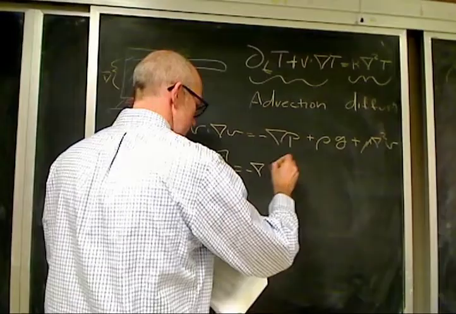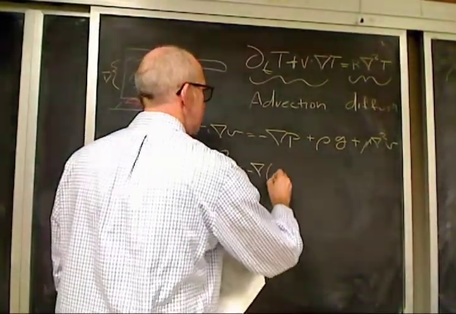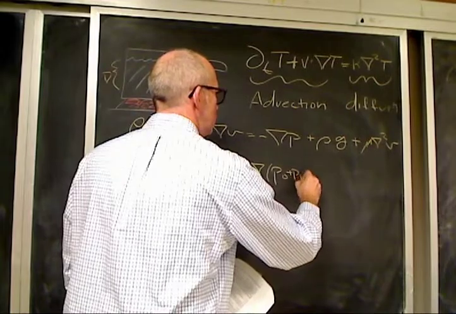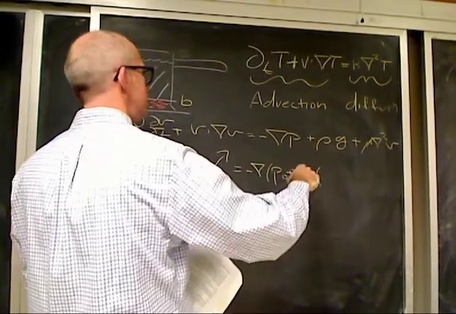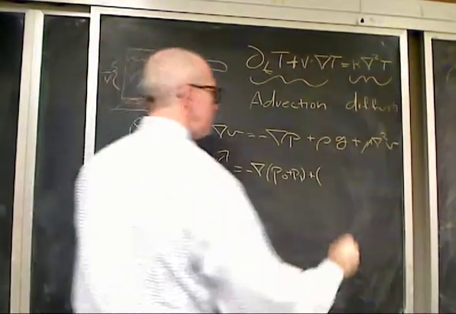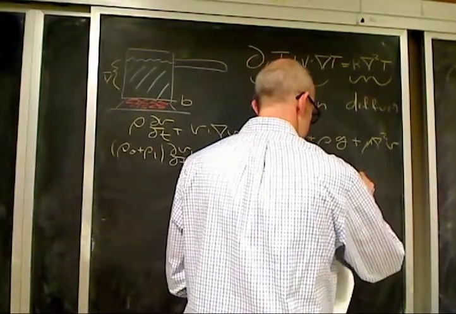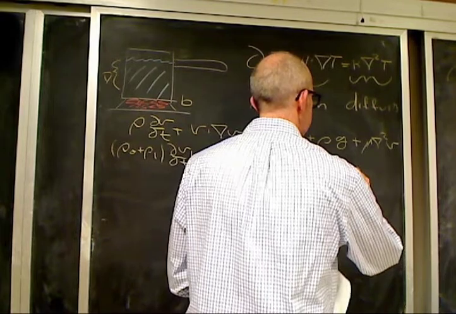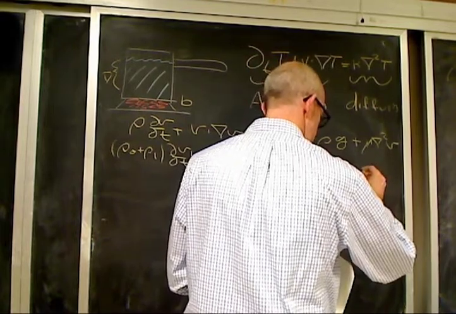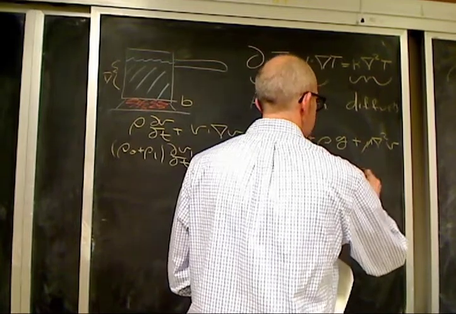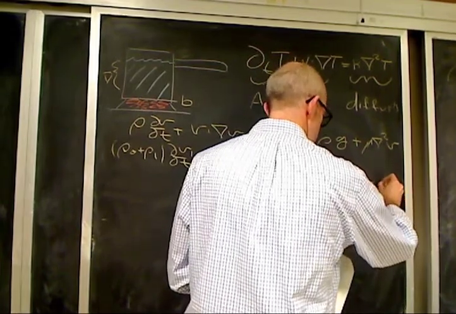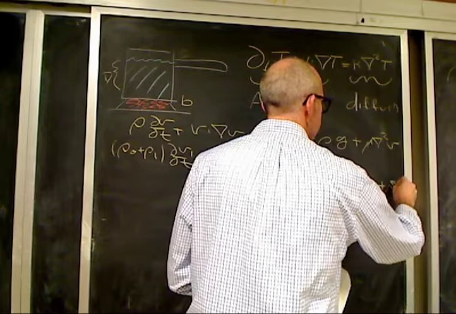Equals minus grad p naught plus p1 plus, let's expand out this density, rho naught minus alpha rho1 times g plus mu del squared v.